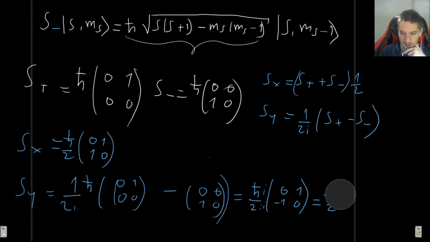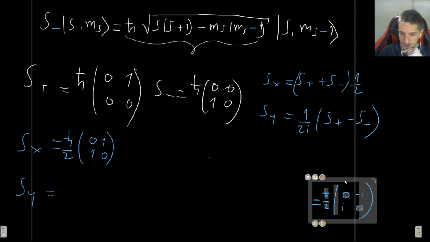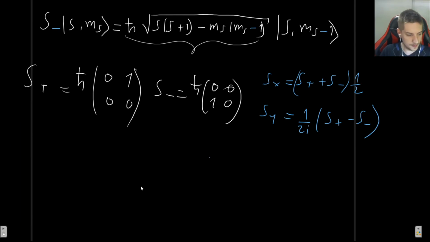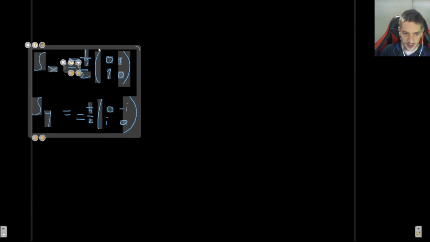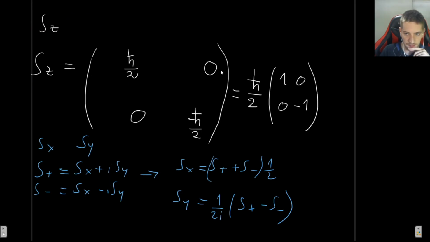And instead of writing it like this, we can actually put the minus and the i into our matrix. So we get h bar divided by 2, and we get 0 minus i, i 0. Okay, so now let me grab these and put them right here. So we got Sx, Sy, and we already found Sz here.